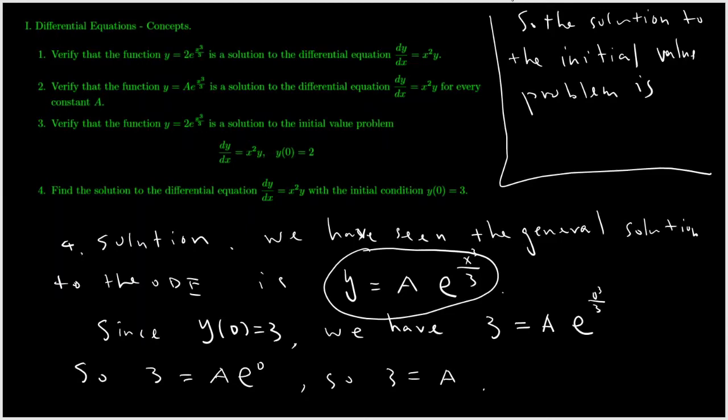When a is 3, the function becomes y equals 3 times e to the power of x cubed over 3, right? Again, the function we just got is the solution to the ODE with the initial condition. The function we got is the solution to the initial value problem. You put two things together, you have an initial value problem.